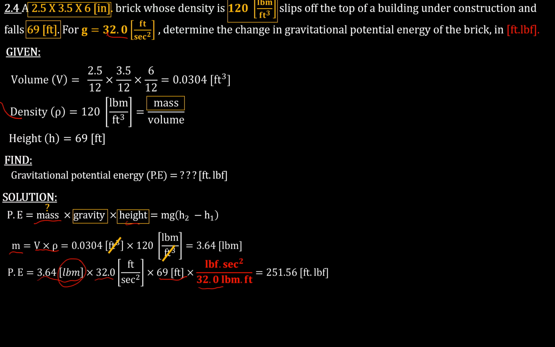Here we flip the units, which is why we divide the potential energy equation by the gravitational constant. The pound mass cancels with pound mass, second squared with second squared, and a foot with a foot. You are left with feet times pound force, and when you plug this into your calculator, it will give you 251.56 feet times pound force, and that is what we need to find.